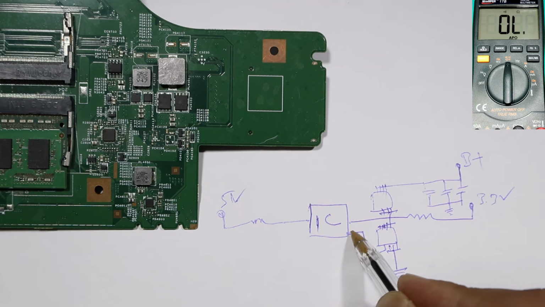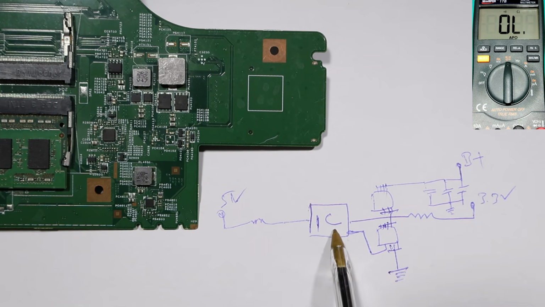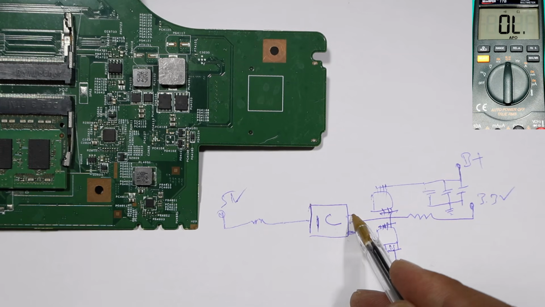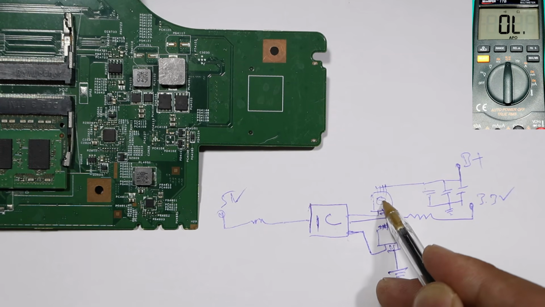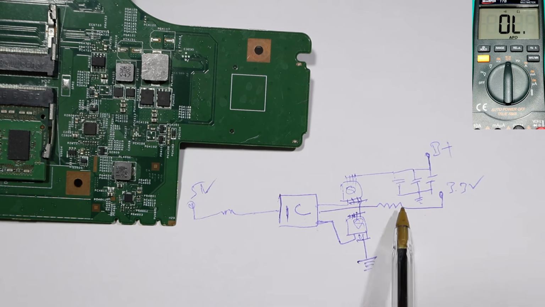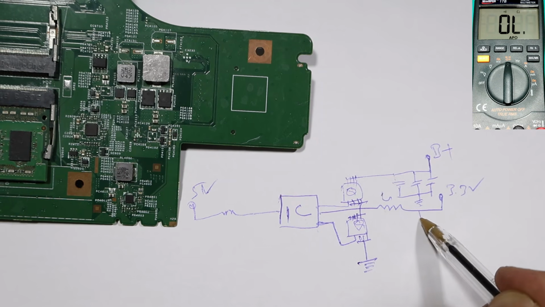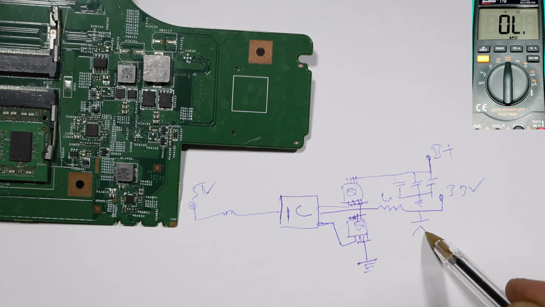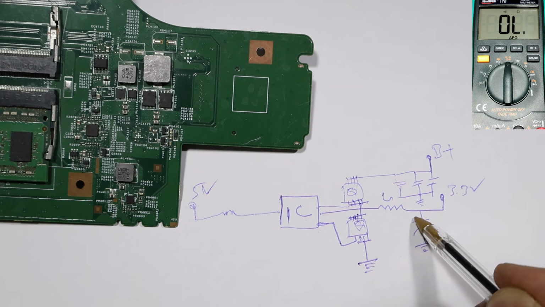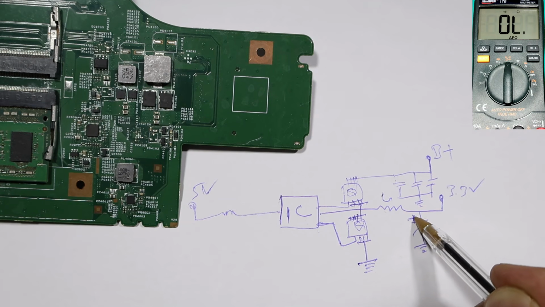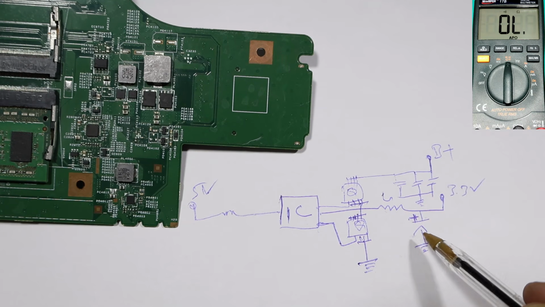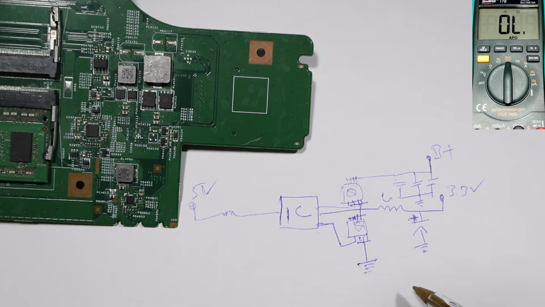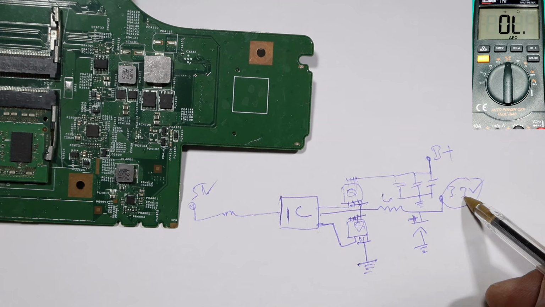Here of course we have the control signal. This IC is what control these two MOSFETs. And of course in the output here we have coil, and we find other capacitors, basically polarized capacitor. It could be tantalum capacitor or electrolytic capacitor, and then we will get this voltage.